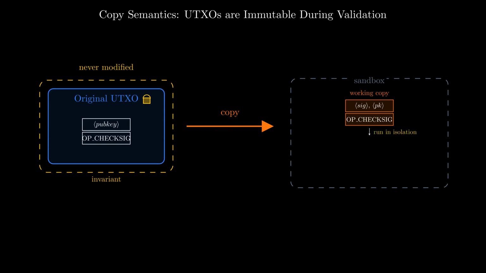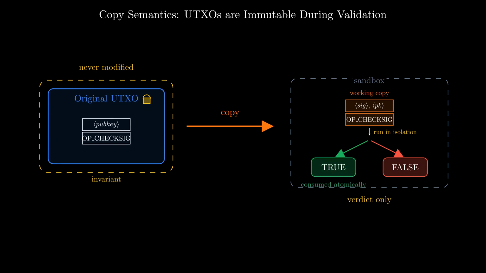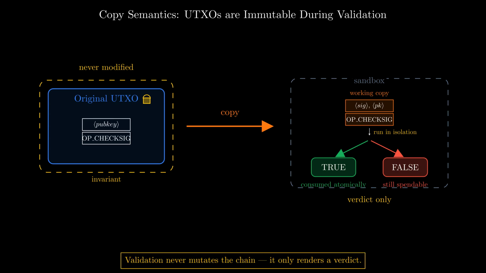It also clears up a common misconception. Scripts don't mutate the blockchain during validation. They run in isolation, return a verdict, and the verdict alone determines whether the new transaction is accepted into a block. The UTXO being spent either gets fully consumed by a valid spend, or it stays exactly as it was.